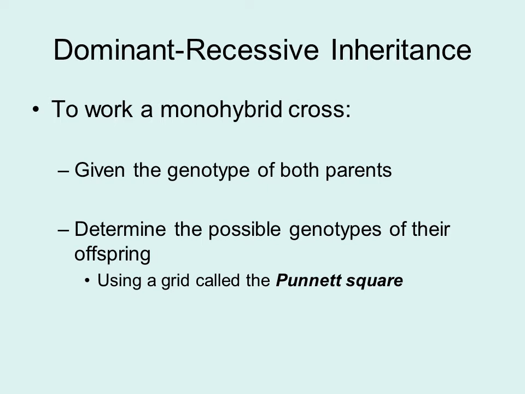This is an easy way of trying to predict what the possible genotypes for the offspring are. So Punnett squares are usually used for prediction of offspring. It's not looking at past generations. You're trying to predict for future generation what the offspring's genotype is going to look like. If you know what the genotype is, then you're going to be able to determine what the phenotype is.